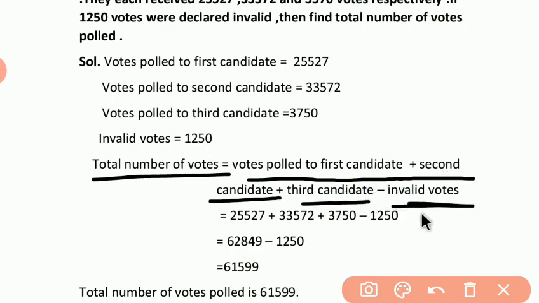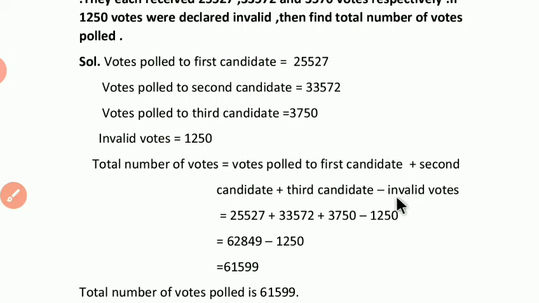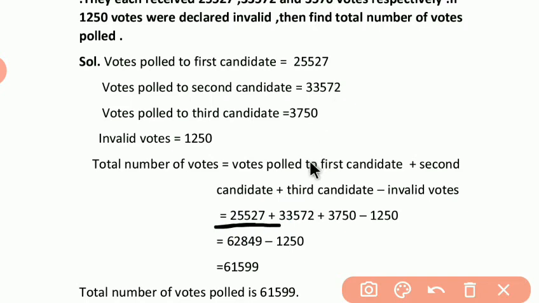After this we have to subtract invalid votes because these are not of any use and we do not have to count them. So first candidate 25,527, second 33,572, third 3,750, minus invalid votes 1,250. First we will add these three.